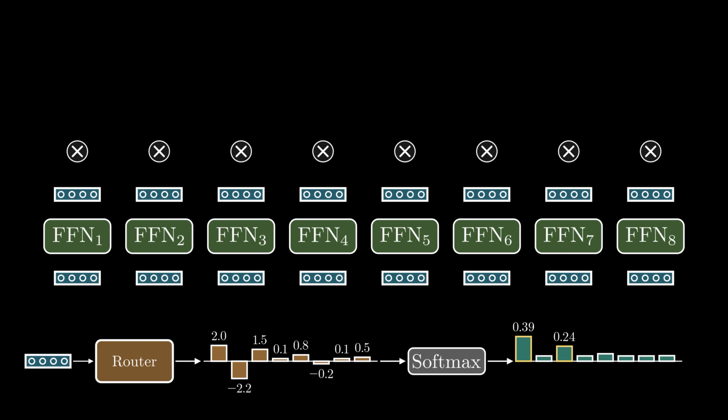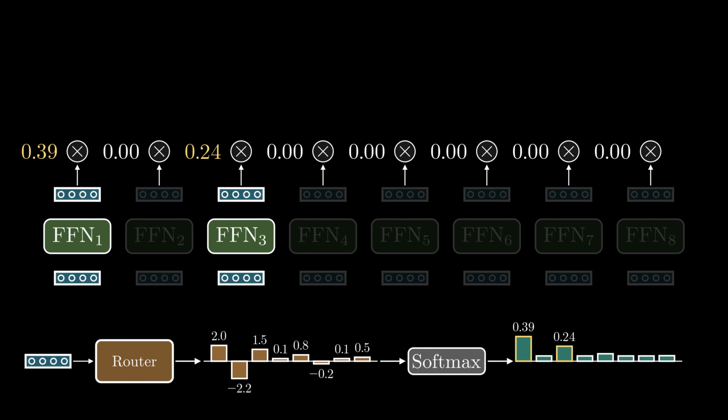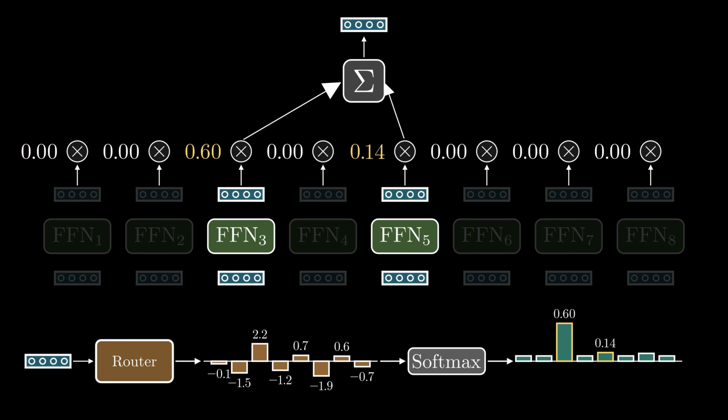We select the top 2 experts with the highest probabilities. Next, we send the input token embedding to the selected experts for processing. Each selected expert processes the input independently and generates its own output. This produces the final output of the mixture of experts layer.